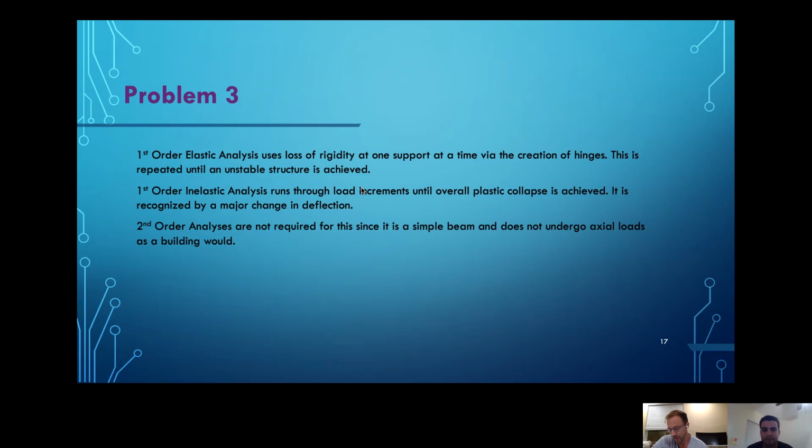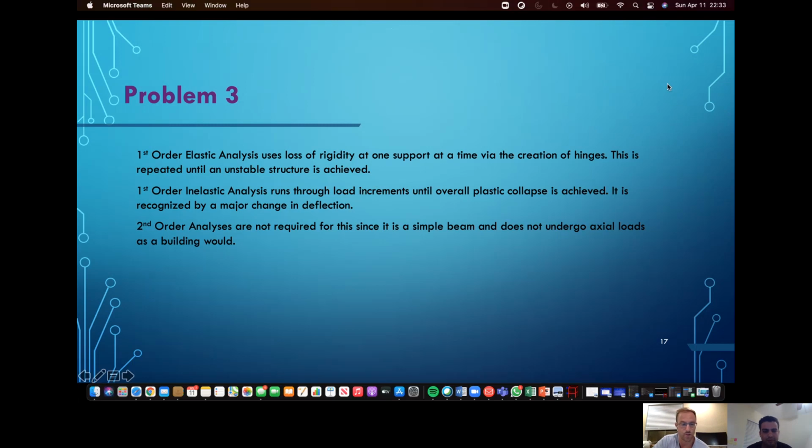So problem 3 just asks to discuss the reasons for any differences in the two nonlinear analysis results, and the differences were extremely minimal. Just generally speaking, a first order elastic analysis uses loss of rigidity at one support at a time via the creation of hinges.